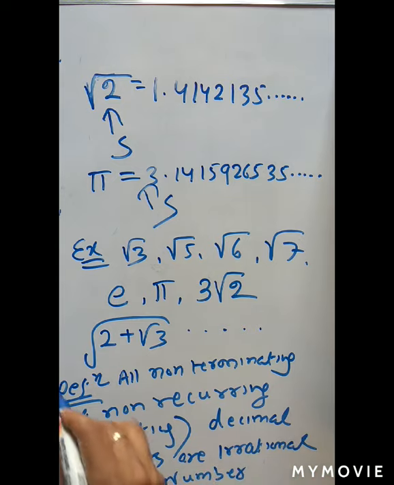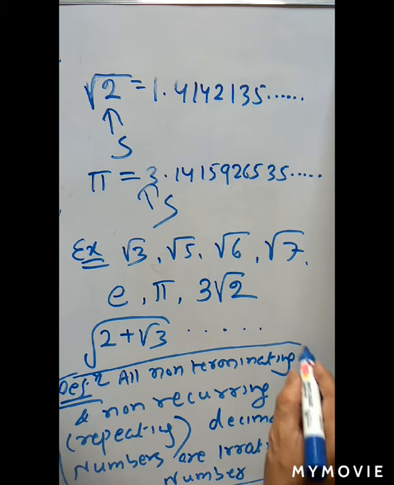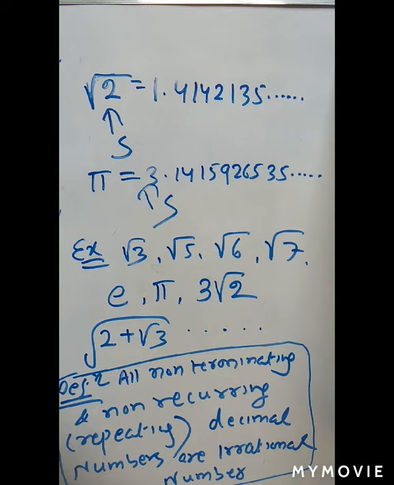So write in your note what you mean by an irrational number. First definition: an irrational number cannot be represented in the form of P by Q like a rational number, and all non-terminating and non-recurring type decimal numbers are called irrational numbers.